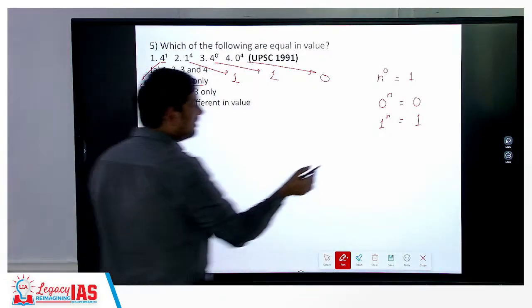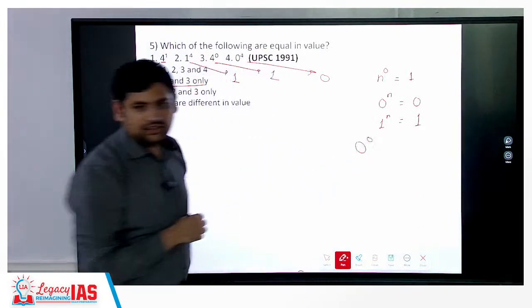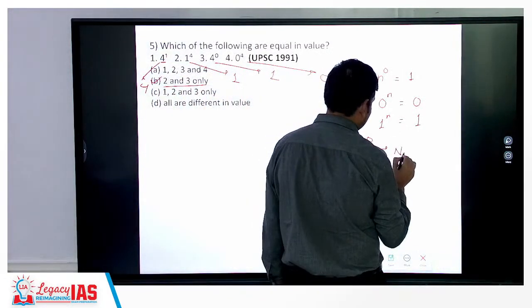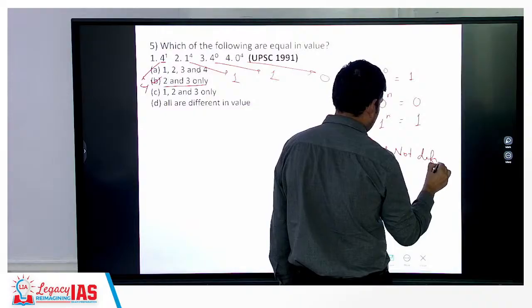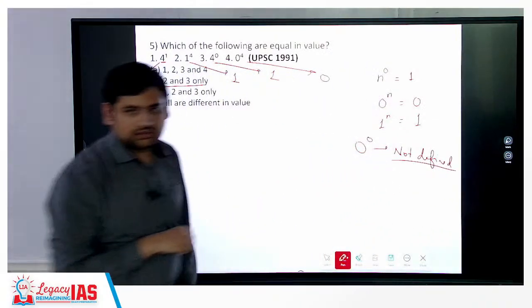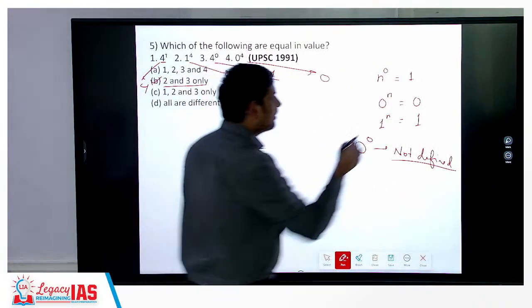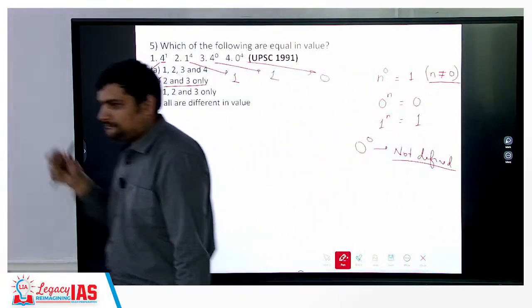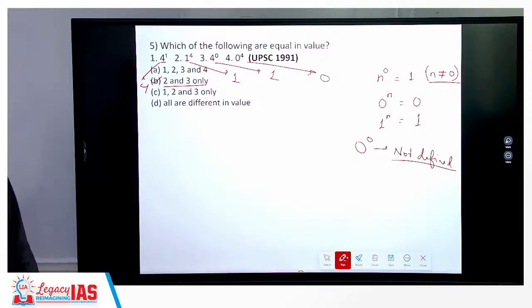By the way, what is 0 power 0? This is not different. Okay, so here n is not equal to 0. For all other numbers it holds.